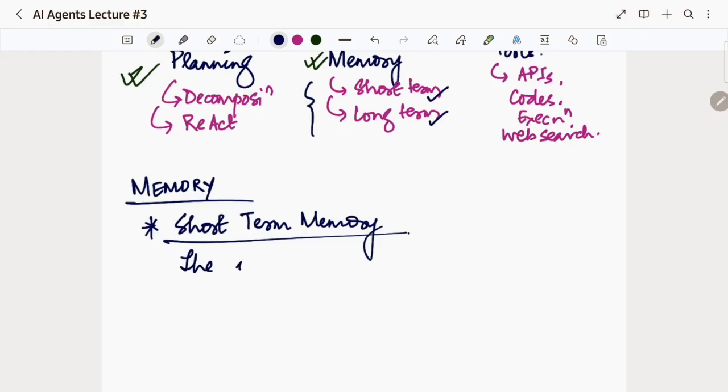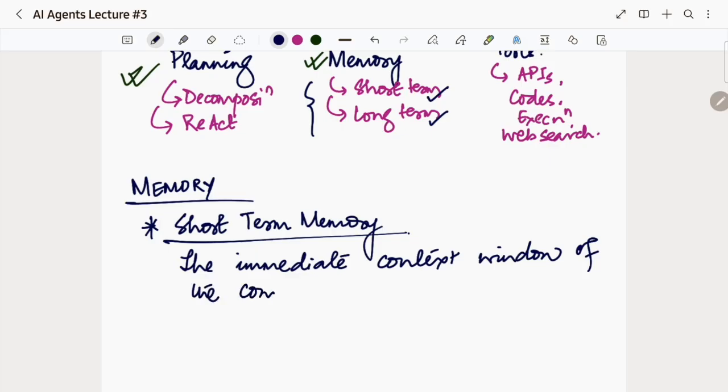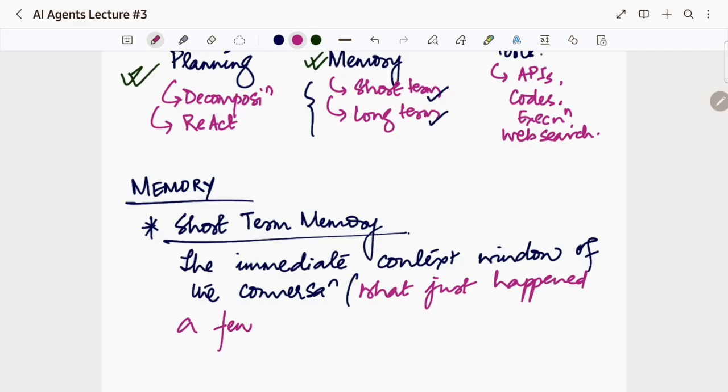Basically, we talk about the immediate context window of the conversation. By this what do we mean? What just happened a few steps ago.